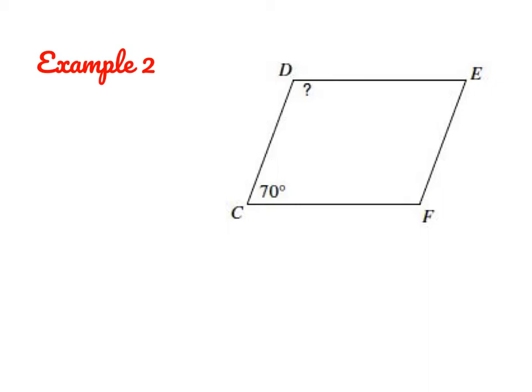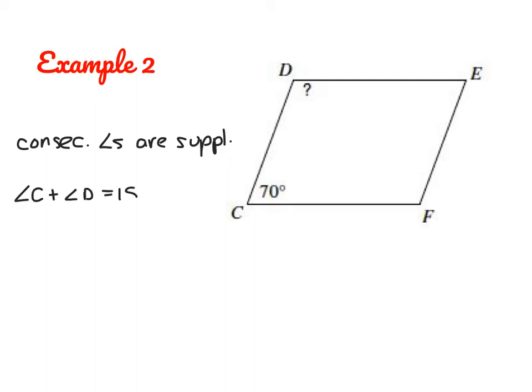Let's look at this next example. Here you can see that we have a pair of consecutive angles, and we know the fact that consecutive angles are supplementary. So this should be no problem to solve. We know that angle C plus angle D should equal 180, since they are consecutive angles.